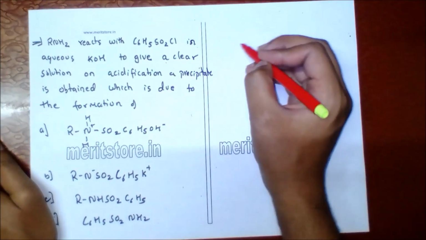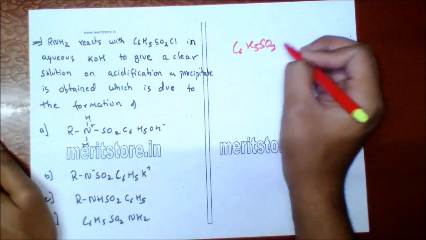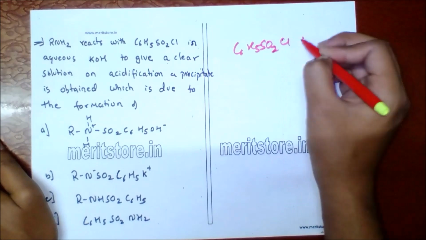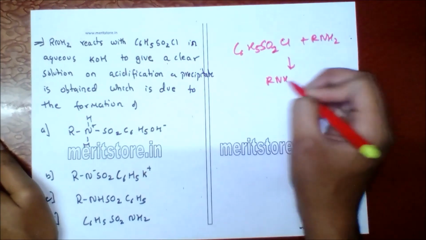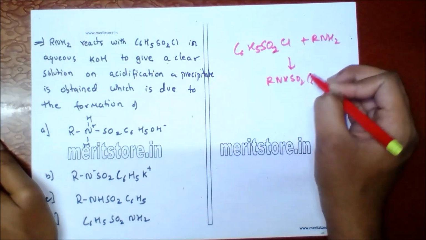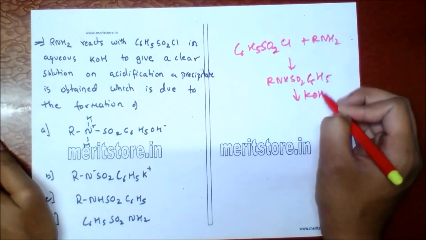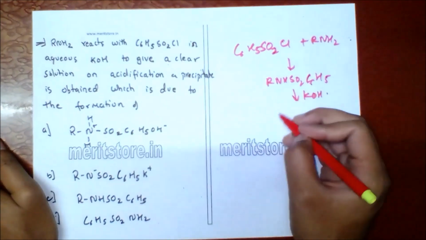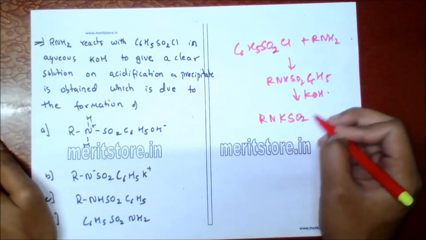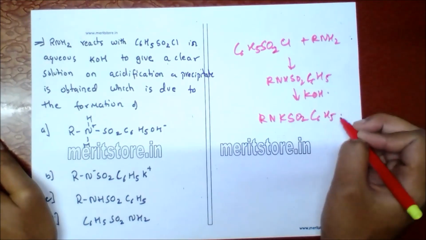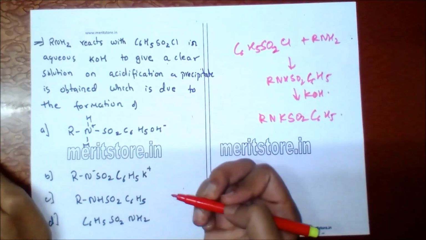So when benzene sulfonyl chloride, that is C6H5SO2Cl, plus RNH2 gives RNHSO2C6H5, which on reaction with KOH gives RNKSO2C6H5. This is soluble in potassium hydroxide. So option C is the correct answer.